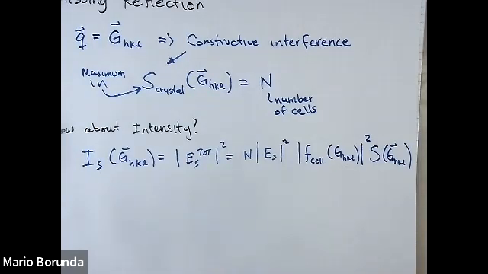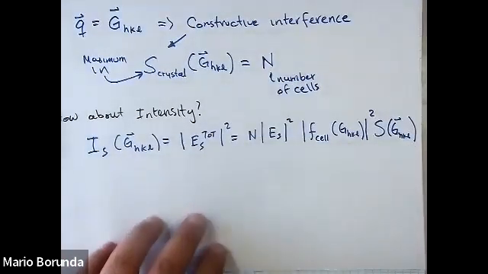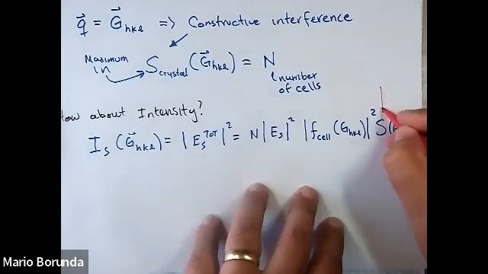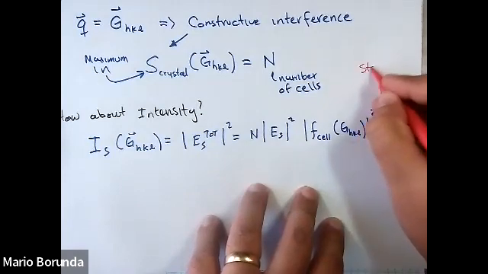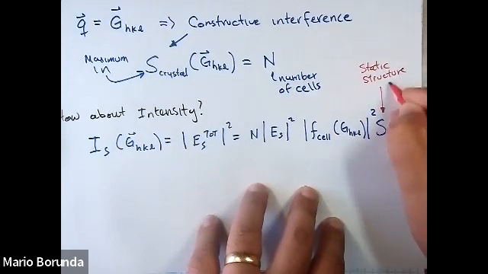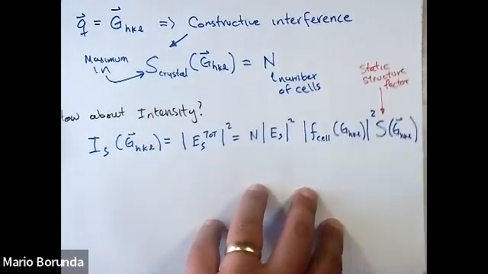And that's actually what happens when you have this. So this one is called the static structure factor. That can be maximized.